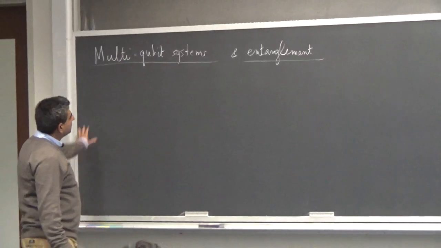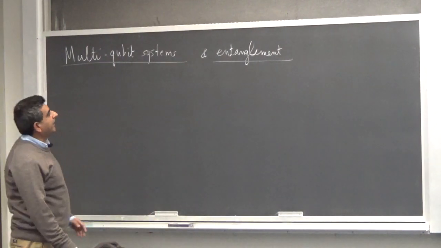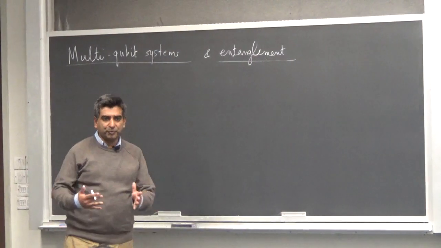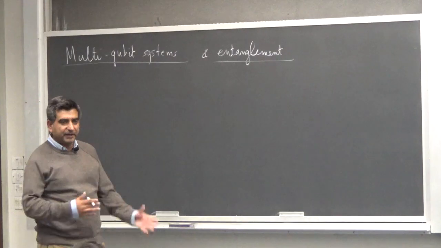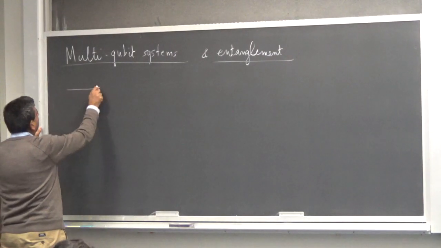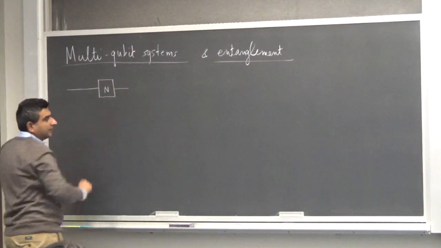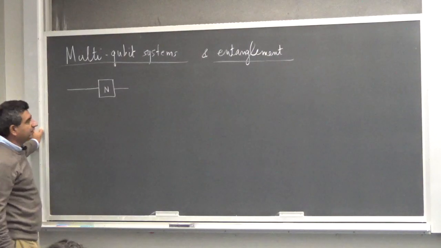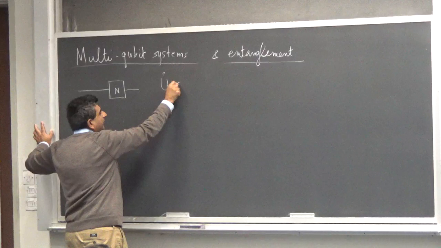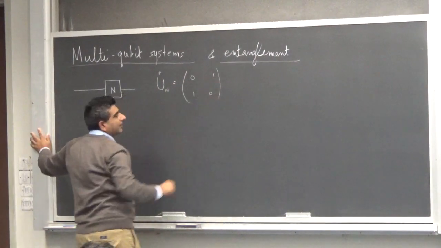So before we start discussing these properties, let me introduce a quantum gate on a 2-qubit system, and I'll build up from there. Suppose I have a NOT gate acting on a single qubit. Now I know that this NOT gate is represented by a unitary transform, which is 0, 1 here, 1 here, and 0 here.